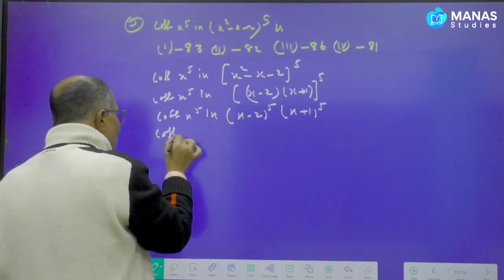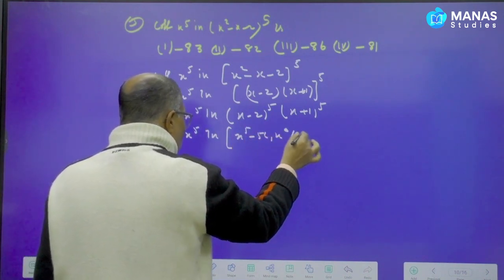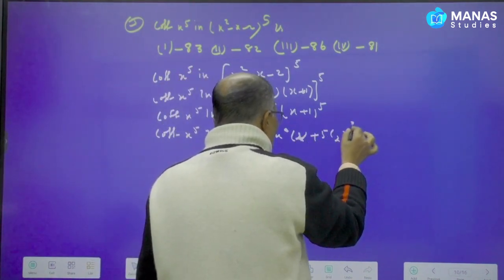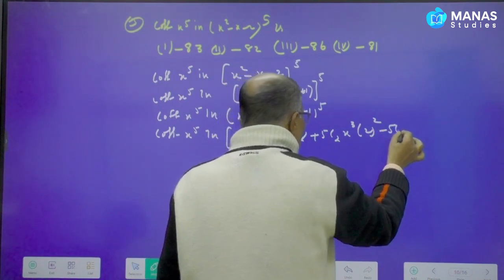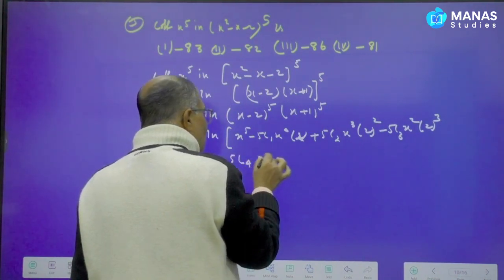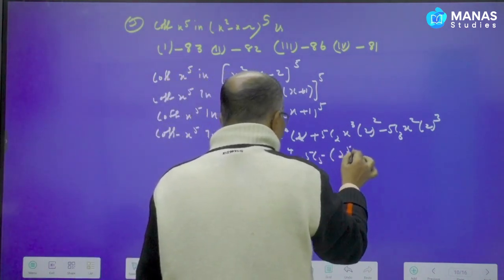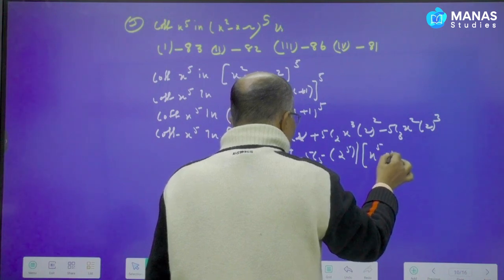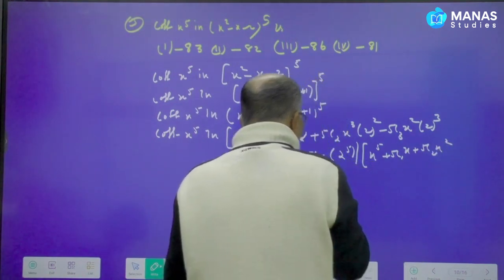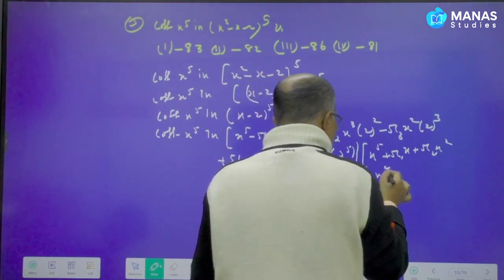That is the coefficient of x^5 in x^5 − 5C1 x^4·2 + 5C2 x³·2² − 5C3 x²·2³ + 5C4 x·2⁴ − 5C5 2⁵, multiplied by x^5 + 5C1 x^4 + 5C2 x³ + 5C3 x² + 5C4 x + 1.